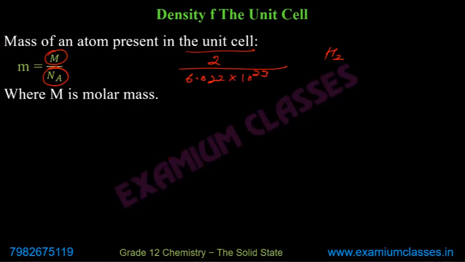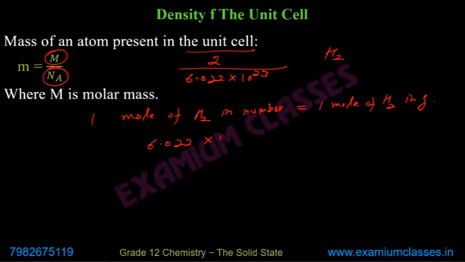Means 1 mole of H2 in numbers equals 1 mole of H2 in grams. Both will be equal. But 1 mole of H2 in numbers will be 6.022 into 10 to the power 23 molecules, and 1 mole of H2 in grams will be 2 grams.